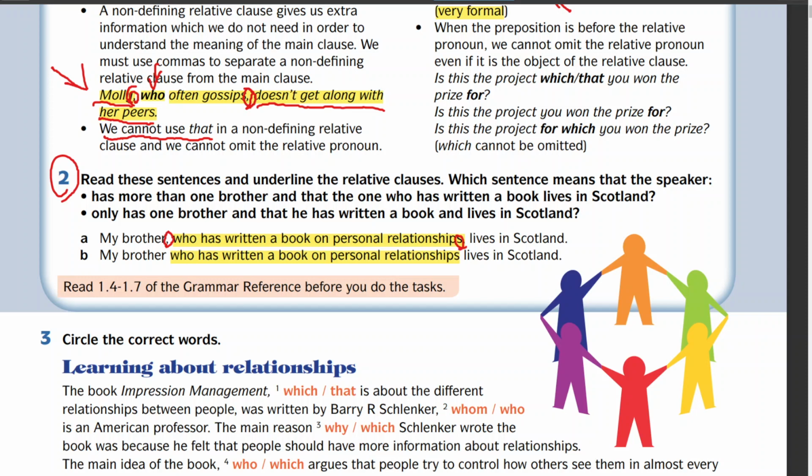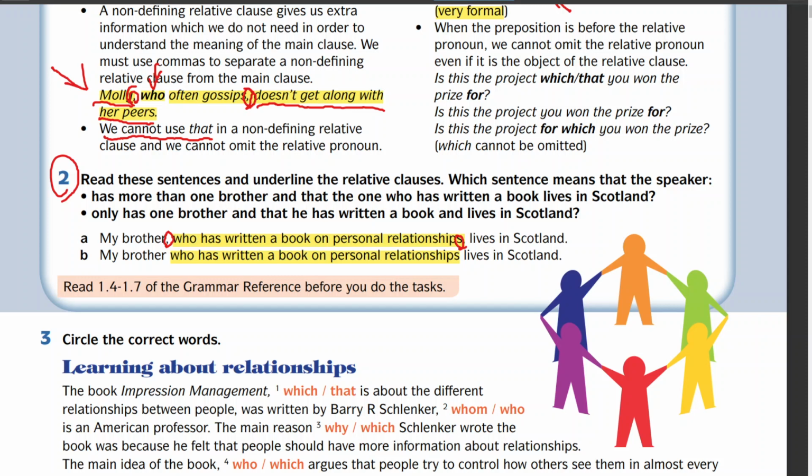So salah satu ni, it says that the speaker, orang yang cakap ayat ni lah, my brother, maknanya abang dia. Satu ni, dia ada seorang sahaja abang, dan abang dia tu tulis buku dan duduk di Scotland. Satu lagi, dia ada ramai abang, tapi seorang abang dia tulis buku dan duduk di Scotland.